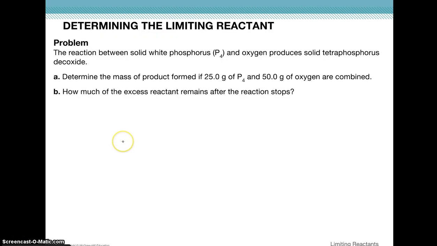Okay, so let's go through one more example here. We want to look at the reaction between solid white phosphorus, which is P4, and oxygen to produce solid tetraphosphorus decoxide. So we're doing stoichiometry. What is the very first thing that we have to do? Write a balanced equation. So let's write our balanced equation first, and then we'll do our calculations.